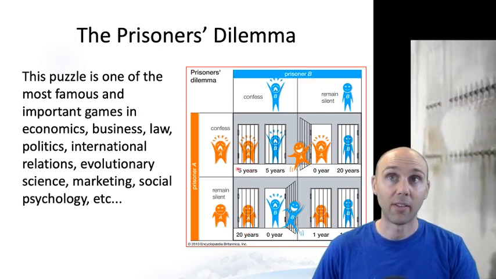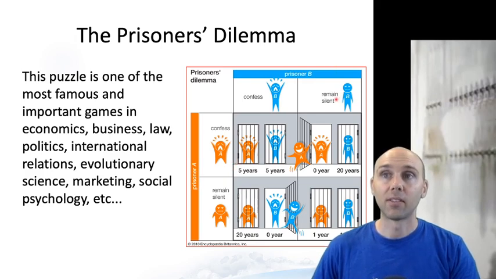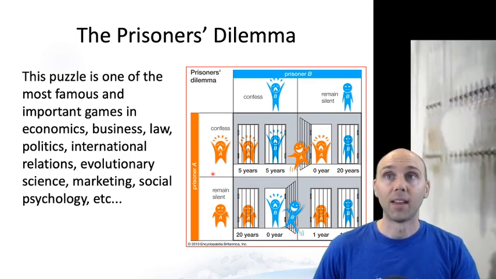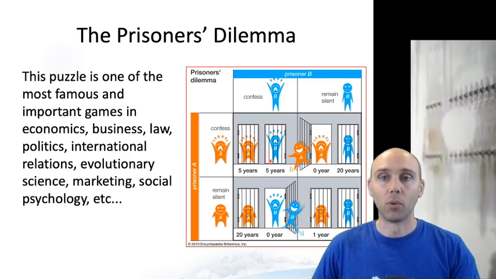Better to take the 5-year sentence, so they'll confess. If player B remains silent, the choice is between 1 year in jail or going out for free. Better to go out, be free. So player A confesses. We've got two dominant strategies for player A and player B. They both confess. They both end up worse than they would have.